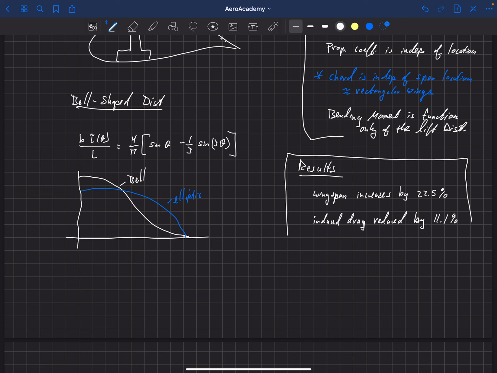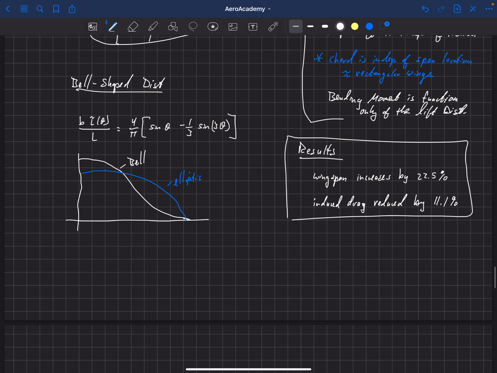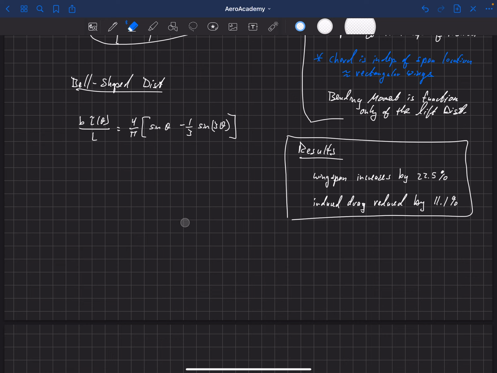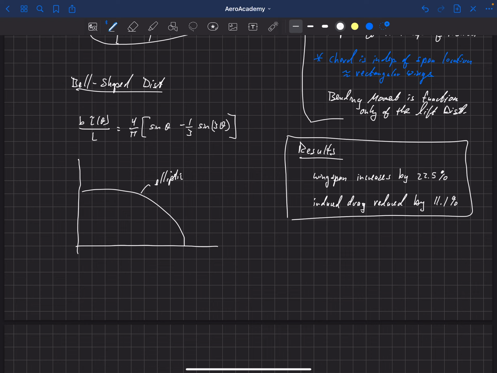So let's redraw this figure, which would be a better comparison between the two. Let's start off with the elliptic lift distribution. If our elliptic lift distribution looks something like this, so that's elliptic, it has some center of lift multiplied by some moment of inertia of lift.